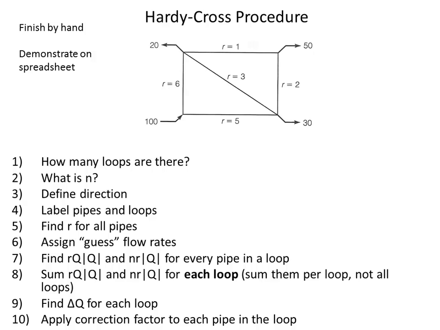If I divide the negative of 422 divided by 1103, I'll get a correction factor and I add the correction factor to the original estimate and come up with the revised estimate. Okay.